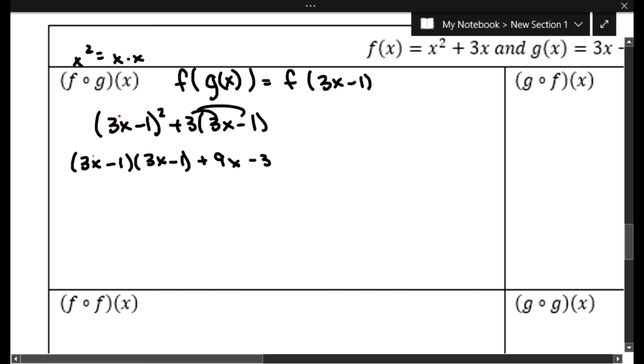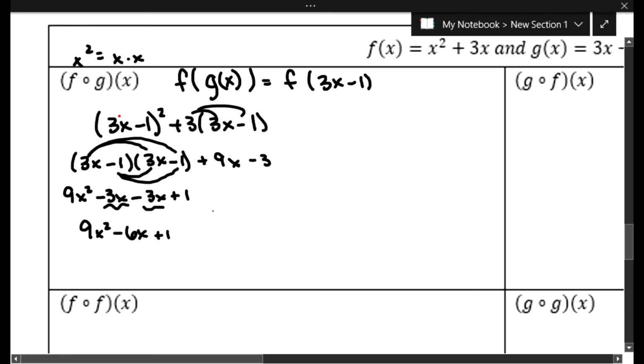When I see this, I have to FOIL. 3x times 3x is going to give me 9x squared. 3x times negative 1 is going to give me negative 3x. Negative 1 times 3x is negative 3x. And negative 1 times negative 1 is positive 1. I combine like terms. 3x and 3x, so I get 9x squared minus 6x plus 1.